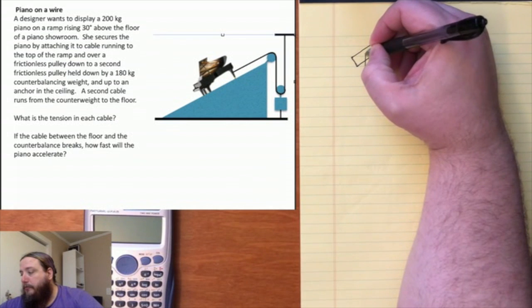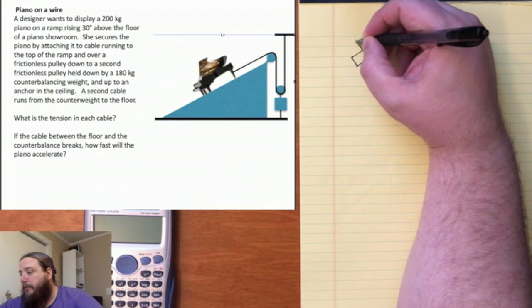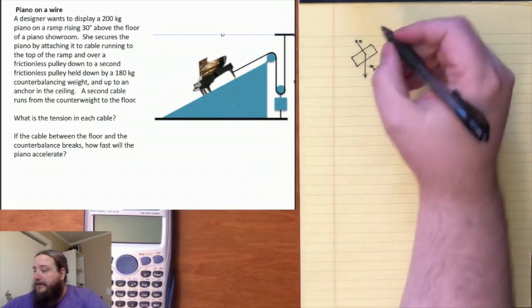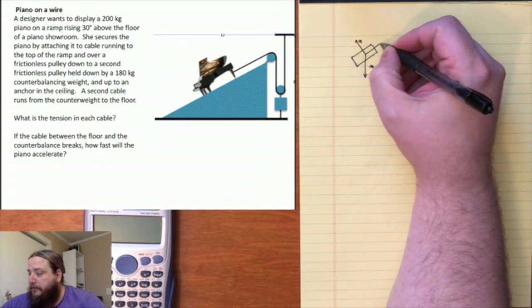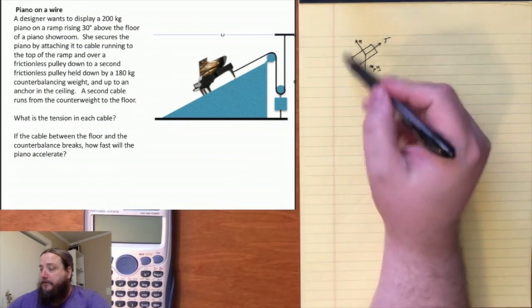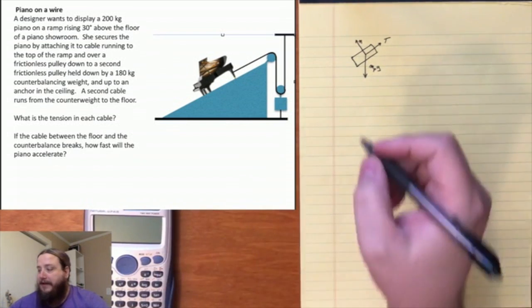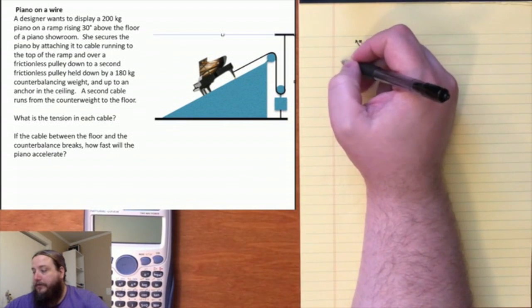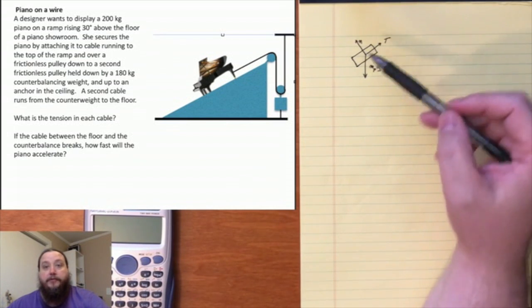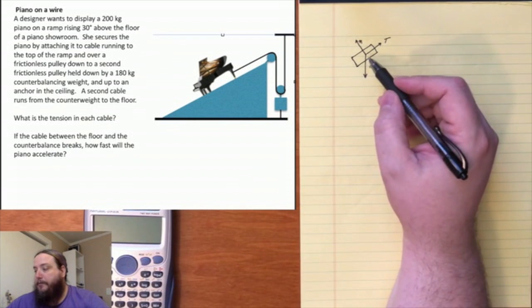There is a normal force acting perpendicular to the surface between the piano and the ramp, and there's a tension force which is pulling upward along the ramp. And so in this particular case, it might make sense to adopt a coordinate system which is aligned with the ramp, because two of our force vectors are already lined up with that coordinate system.